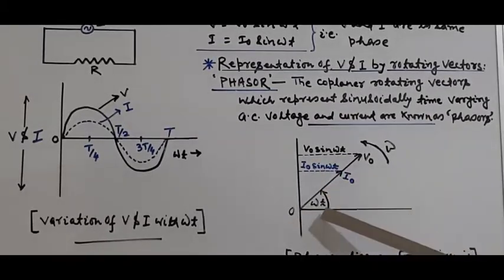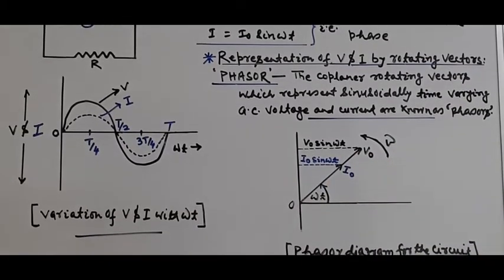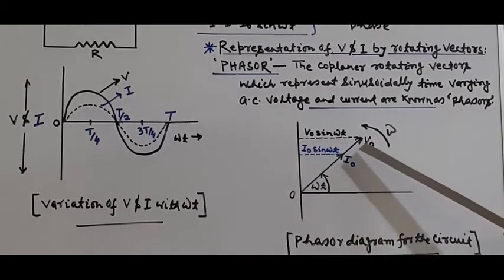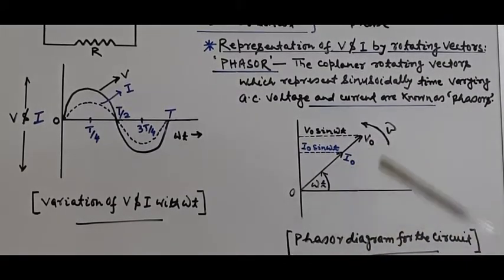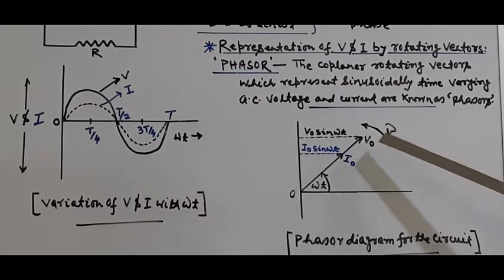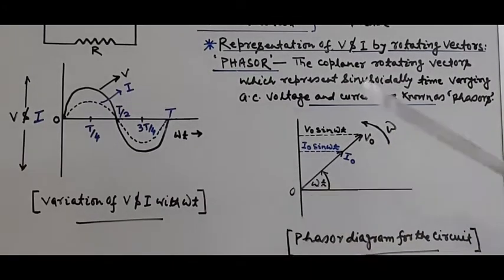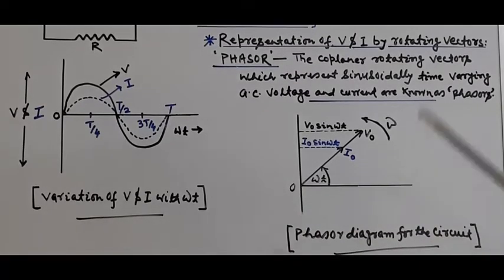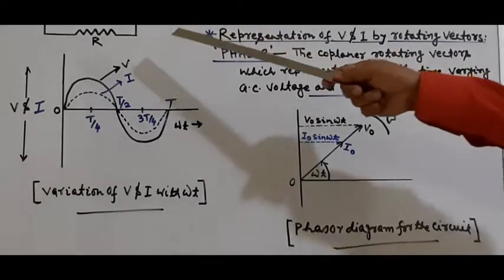Both are rotating with the same angle omega t, so both are lying on the same line. It means the angle for V0 and I0 is the same, omega t. So both are rotating with the same angular velocity omega and the same angle omega t. So this diagram represents the phasor diagram for the circuit.